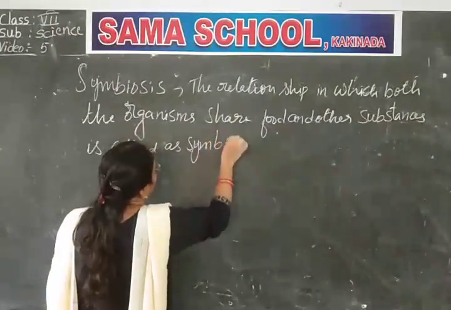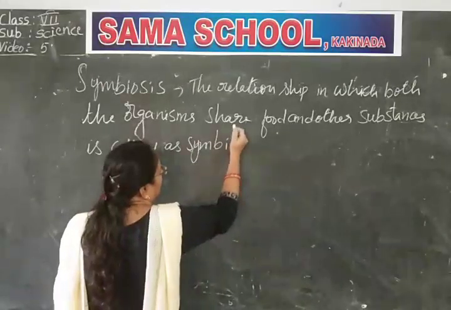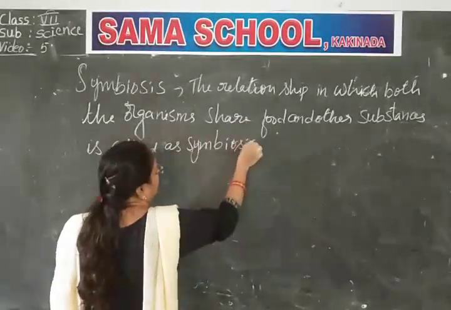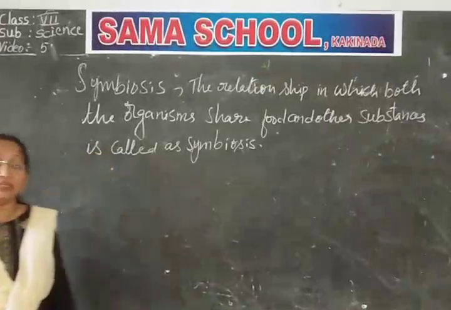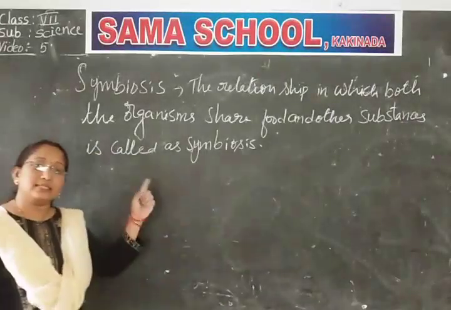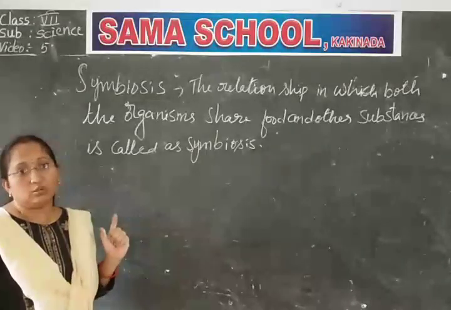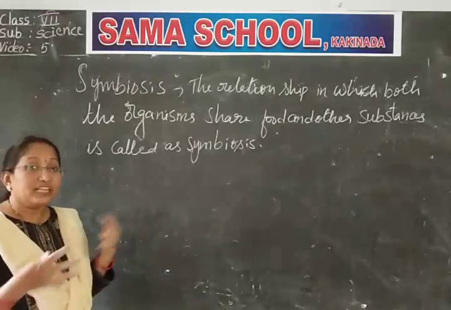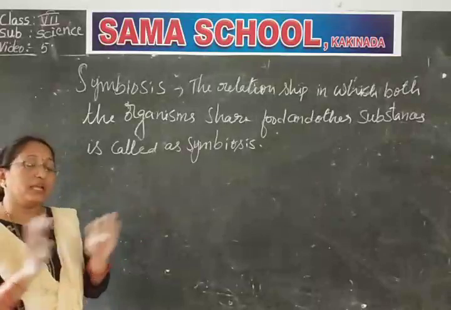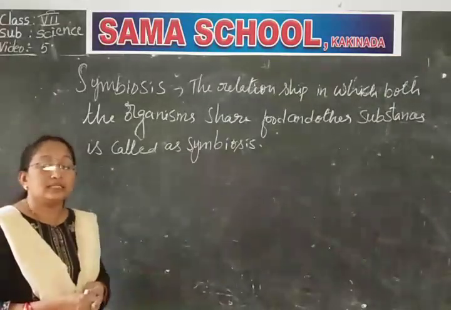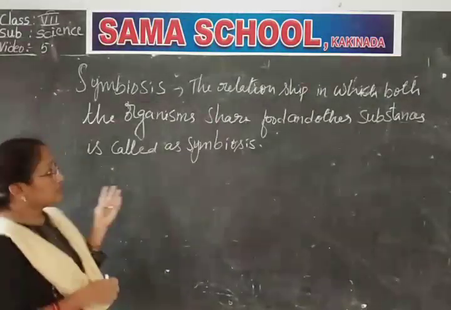The proper definition is not mentioned in your 7th science subject. Of course, this is the definition in brief which I want to give you. So the relationship in which both organisms share food and other things is called symbiosis.